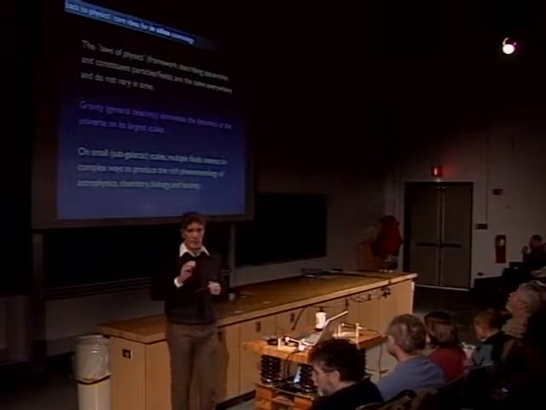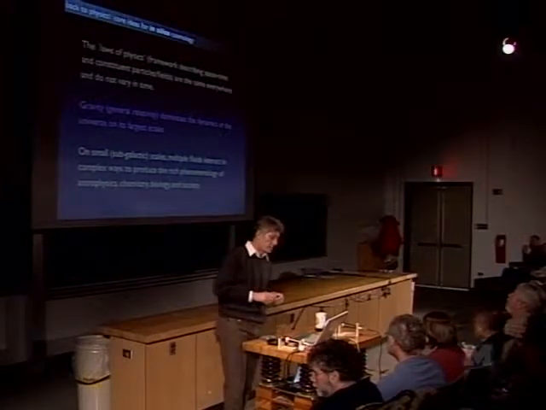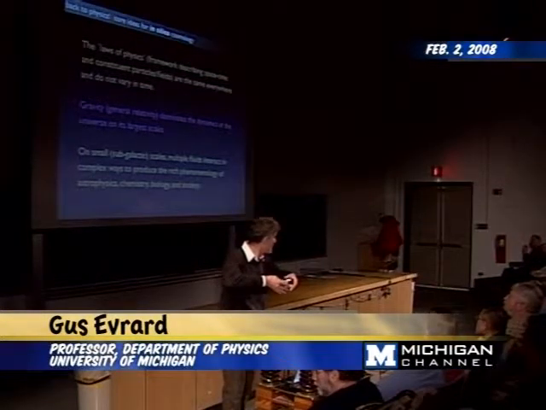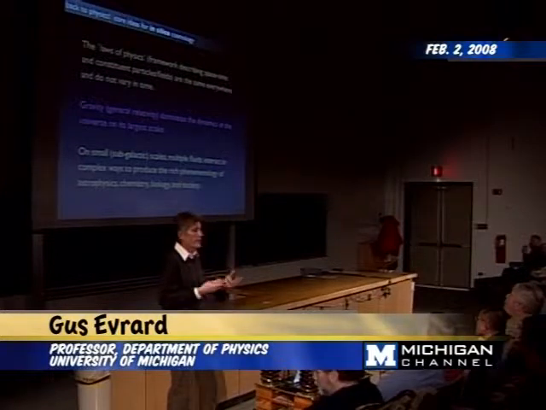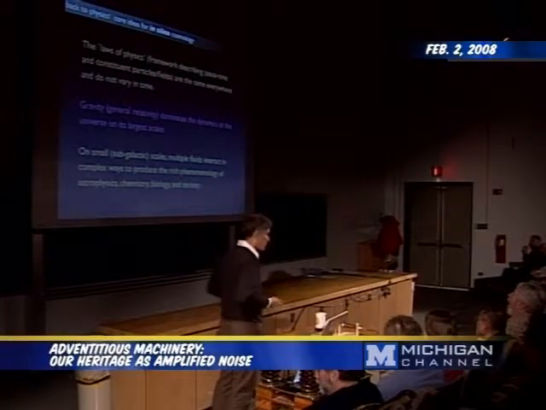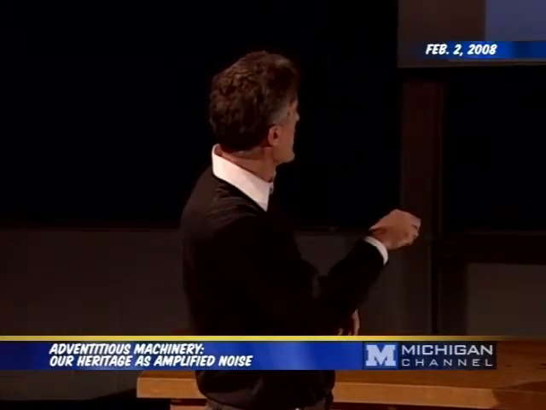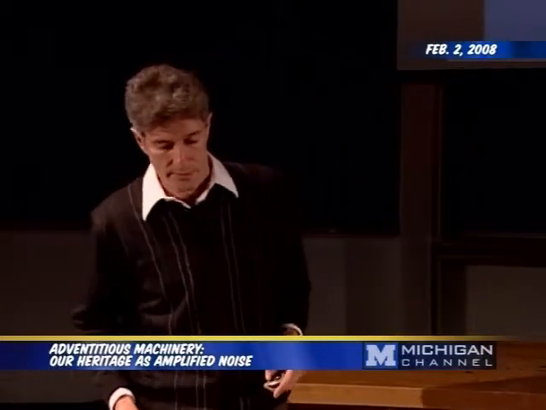Also, we're assuming that general relativity, or gravity, is what's driving the evolution of the universe on its largest scales. And then for systems that emerge within our visible universe on small scales, we have complex processes that happen, chemical processes, radiative processes, et cetera, that produce the rich phenomenology that we see in astrophysics, chemistry, biology, society, et cetera.